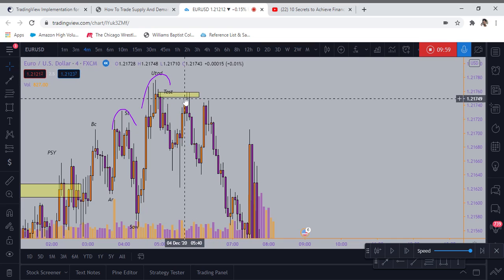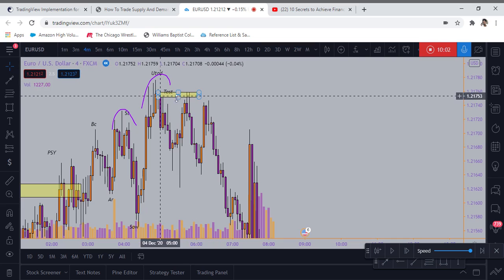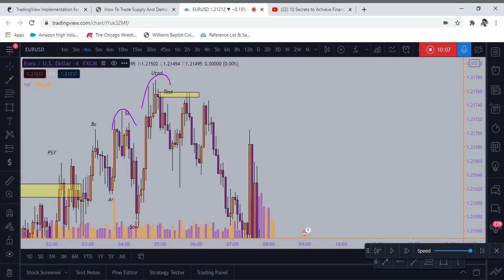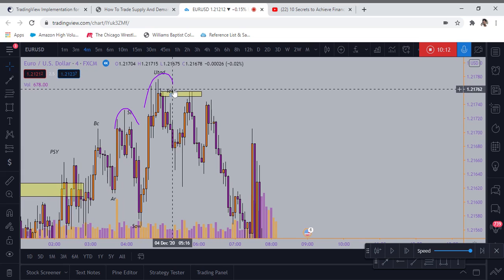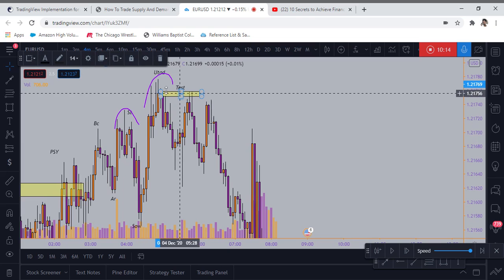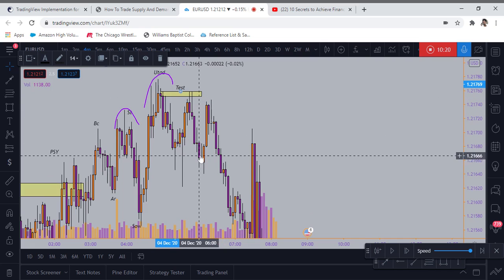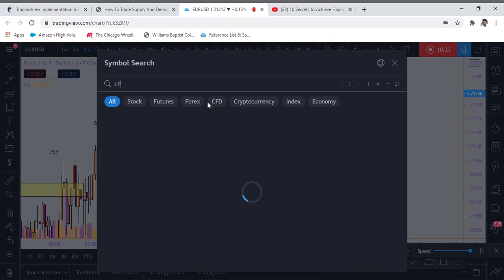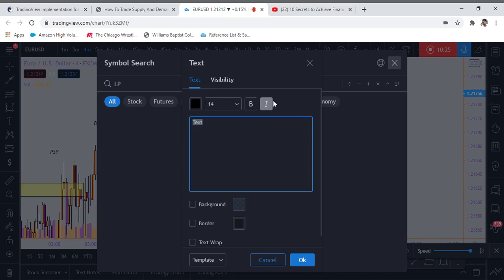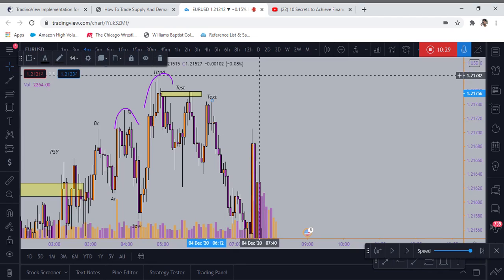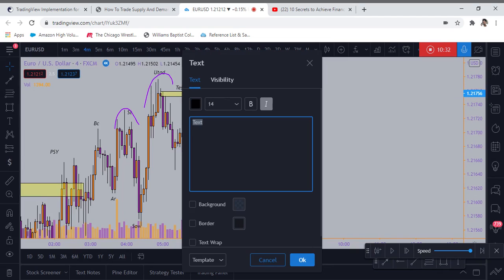If you wanted the perfect entry, you would have got in up here, sniper entry, yellow box. Price did the UTAD. I say both of these could be the test because price tested that supply zone. Price came back up to test that supply zone 2 more times before it started taking off with a bearish market structure. So if price keeps on selling, it ain't making no more LPS.